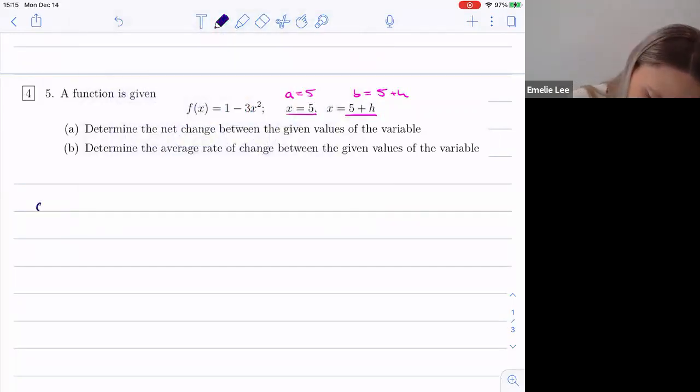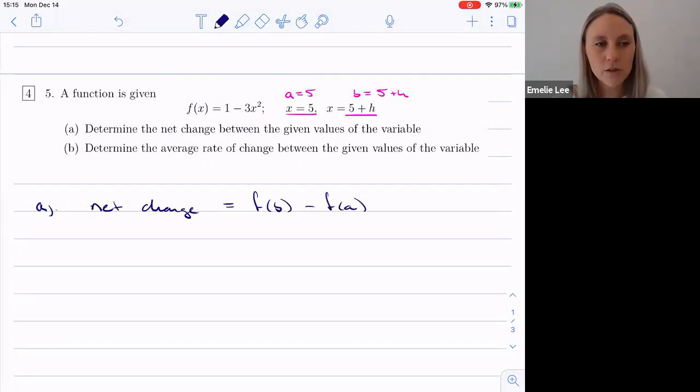So then in part A, the net change is f of b minus f of a. What you do is you have your function, 1 minus 3x squared. So f of b is 1 minus 3 times 5 plus h squared, and then minus f of a, which is 1 minus 3 times 5 squared.